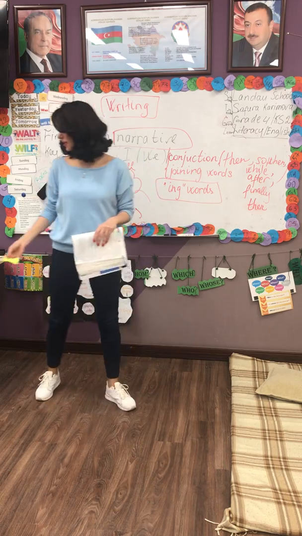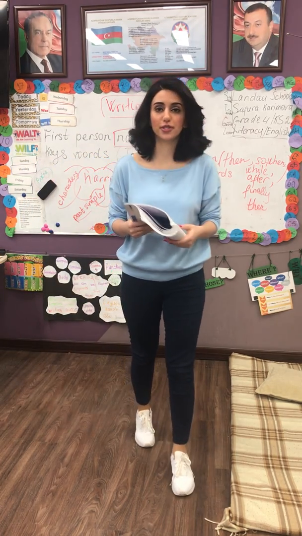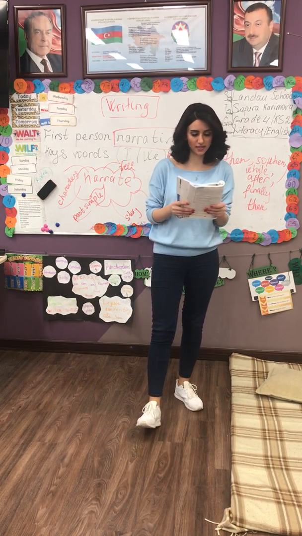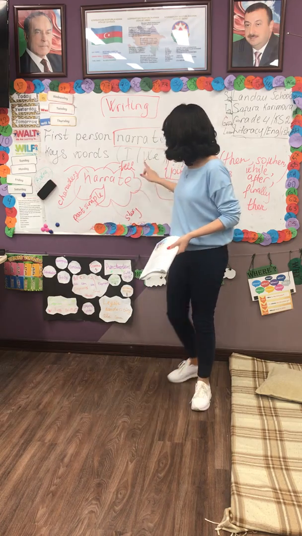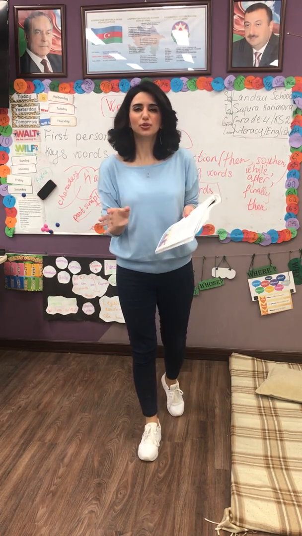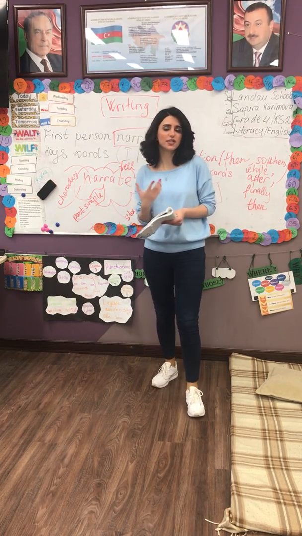And when you're writing the story in the first person, you should not start every single sentence with I or we. As you remember the sentences that I told you, you definitely feel that these sentences don't sound very interesting.